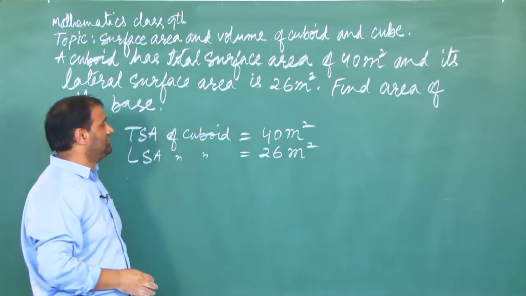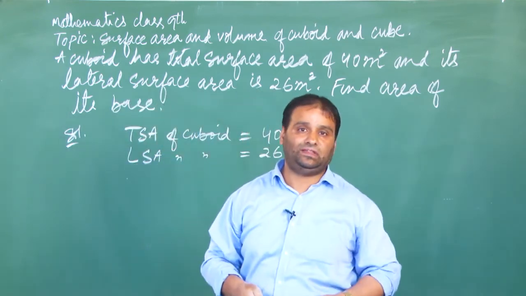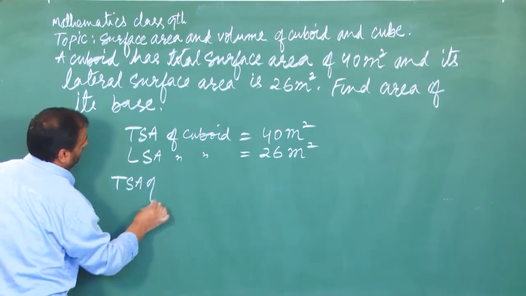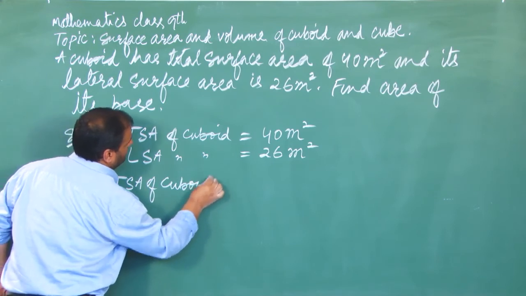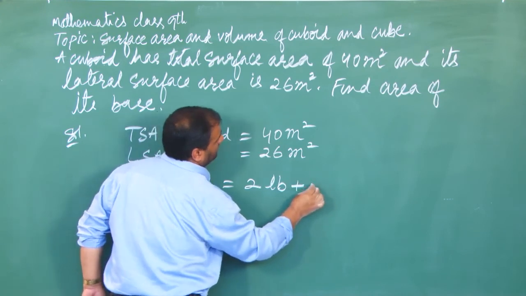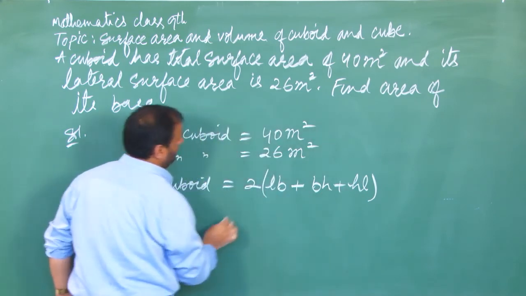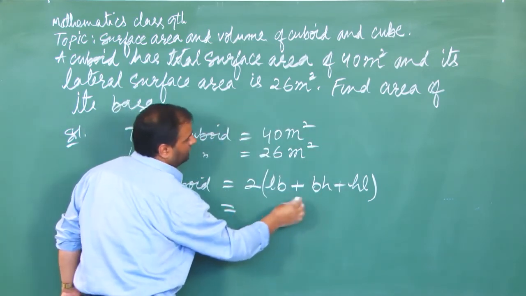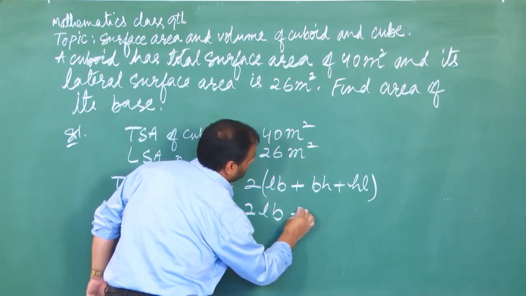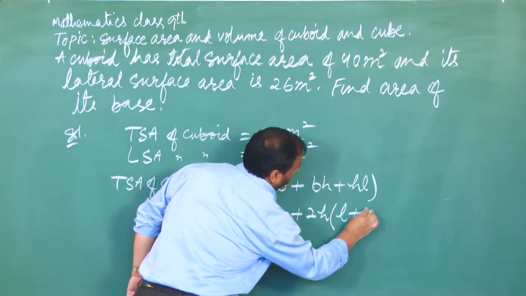Now, if we go through this, lateral surface area is contained in total surface area. So, if we write total surface area of a cuboid, it is 2 times length breadth plus breadth height plus height length. Now, if we disintegrate it, this is 2 times length breadth plus 2 times height taken as common, length plus breadth.